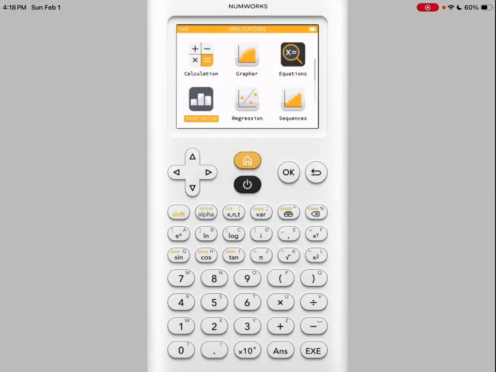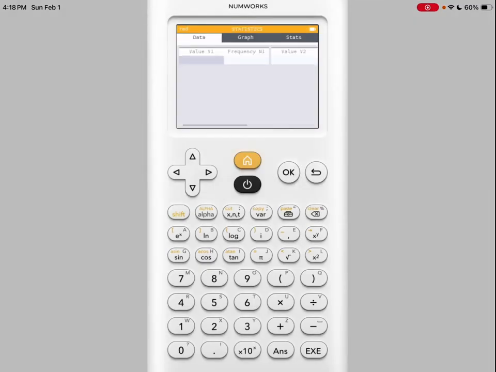So if you go to the statistics app and you type in your values, so let's see, what were those values we had? 78, 83, 92, 68, and 85.